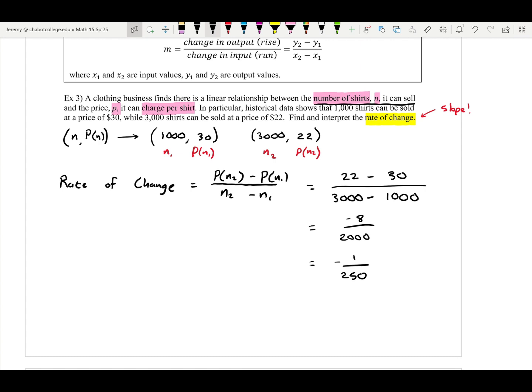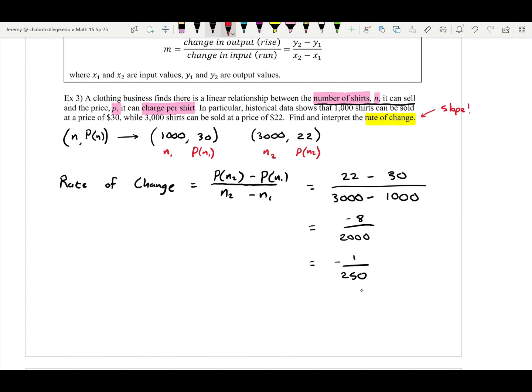In order for it to be a rate of change of something other than just the output values of a linear function, we need to think about what the units are. So the numerator, and you can look back to your formula here, this is usually pretty helpful at determining what the units are. The numerator, these were the P values, so the price per shirt.